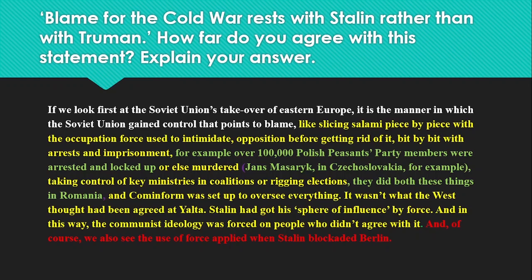I would then write a paragraph on Stalin's blockade of Berlin, followed by the counter-argument, with a paragraph that includes Truman at Potsdam, particularly atomic diplomacy, and America's role in the Berlin blockade, and a paragraph on the Truman Doctrine and Marshall Aid.